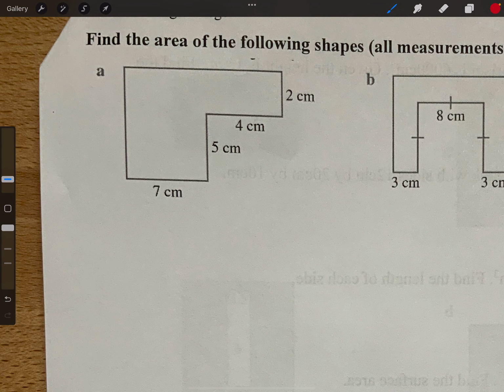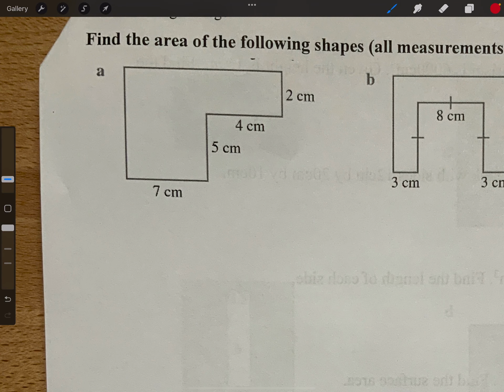And then we add area 1 plus area 2 to get the total area. So area total is equal to A1 plus A2, which equals 49 plus 8, which equals 57 centimeters squared. It has to be in centimeters squared because it's a unit of area.